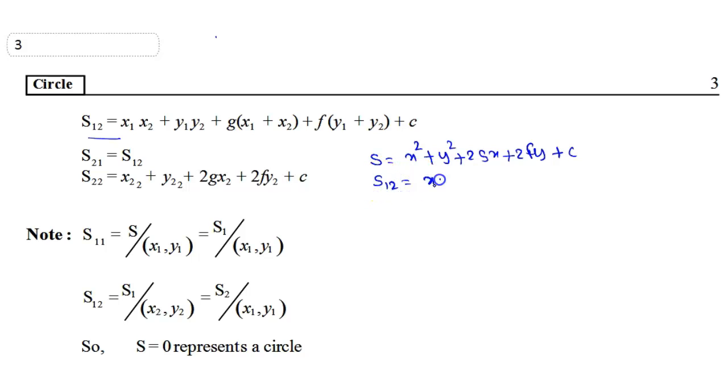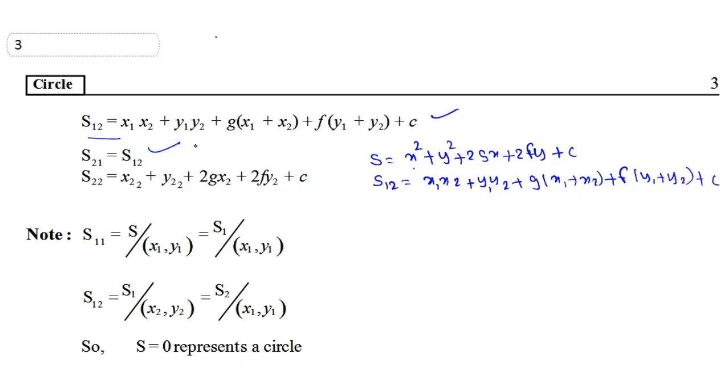S12 can be written as x1x2, x square is replaced as x1x2, plus y square is replaced as y1y2, plus g of x1 plus x2 plus f of y1 plus y2 plus c. That is what S12 is, right?